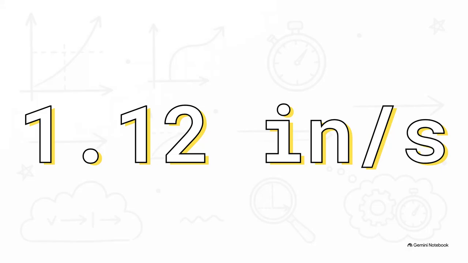We know the water enters at 100 cubic inches a second, and we just figured out that at 6 inches deep, the volume changes by 89.36 for every inch of height. So we simply divide 100 by 89.36, and there is our answer: 1.12 inches per second. The ferry can finally rest easy knowing that at the exact split second the water hits 6 inches deep, the water level is rising at a rate of 1.12 inches per second.